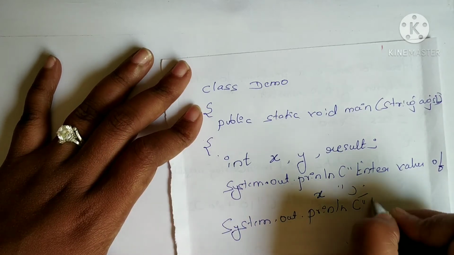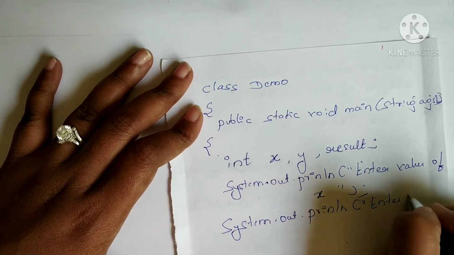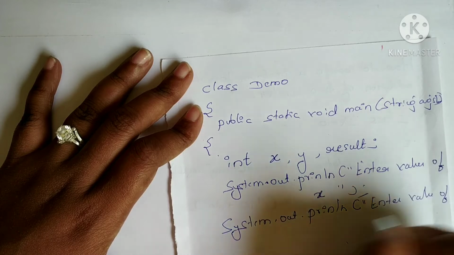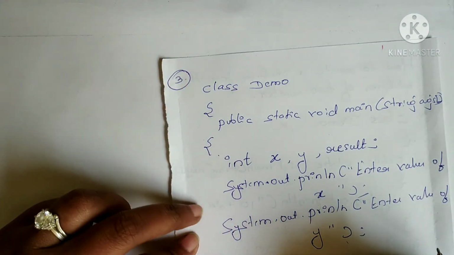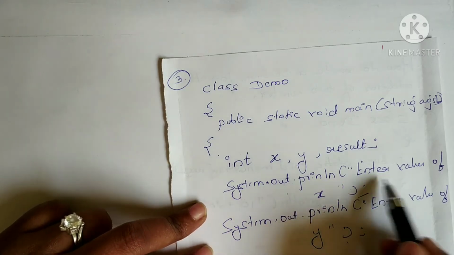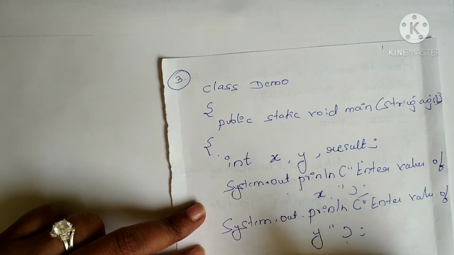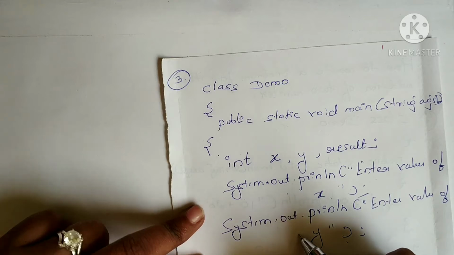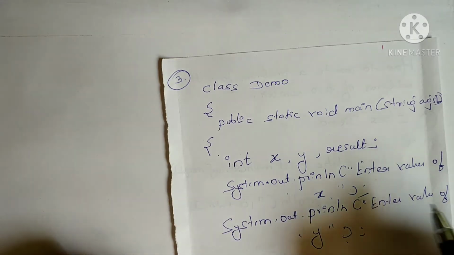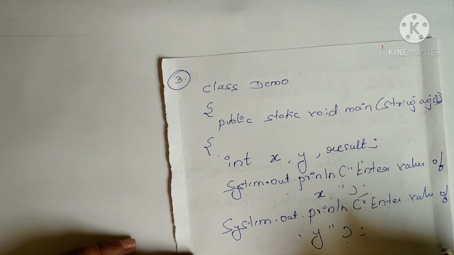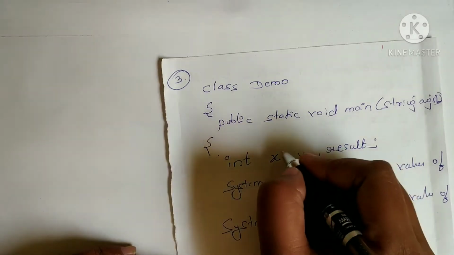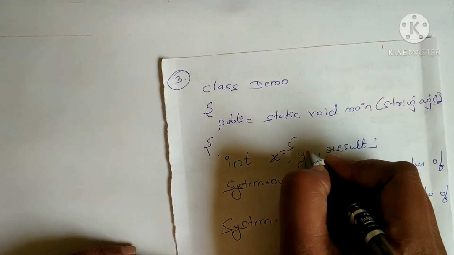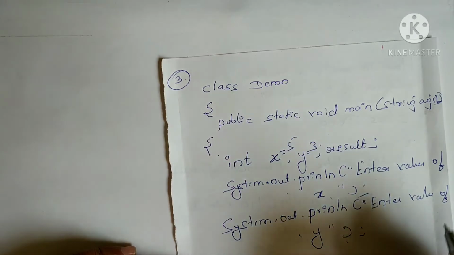In this I am going to write: enter the value of y. In the first one I use enter the value of x. In the next statement I use enter the value of y. x equal to 5 here, y equal to 3 here.